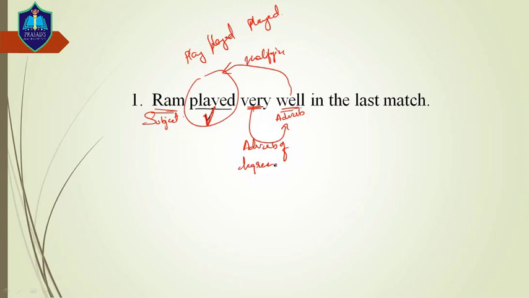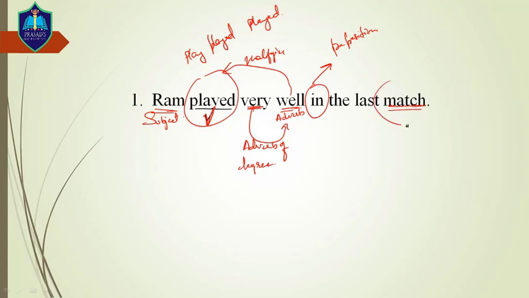So you can just easily plot, right? Like what is subject, what is verb, what is adverb of degree, everything you can plot easily now. And now in is there. What is in? In is a preposition. As we discussed, preposition should be followed by the noun or pronoun. So match is there.